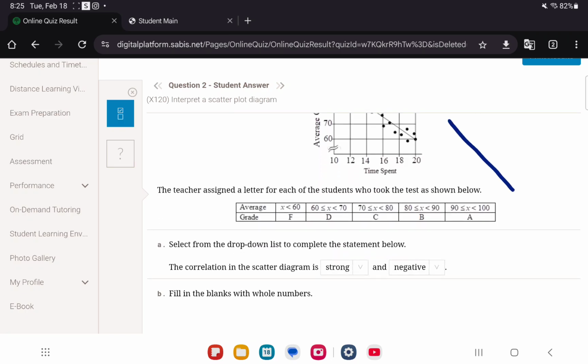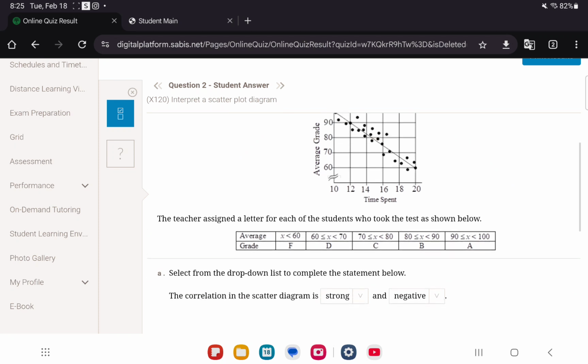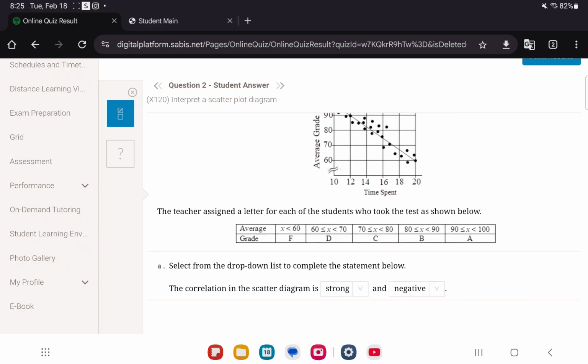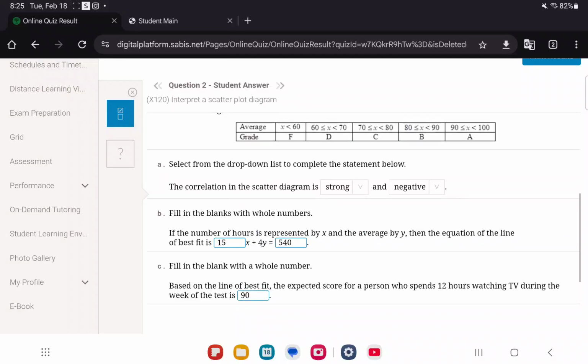And then when it's going down, it's a negative diagram. And then when it's going up, it's a positive one. It's common sense, okay? So that's why for the first one, it's strong and negative because they're tightly packed together, they're close together. Why am I going into chemistry? Okay? And they're going down, so it's negative.